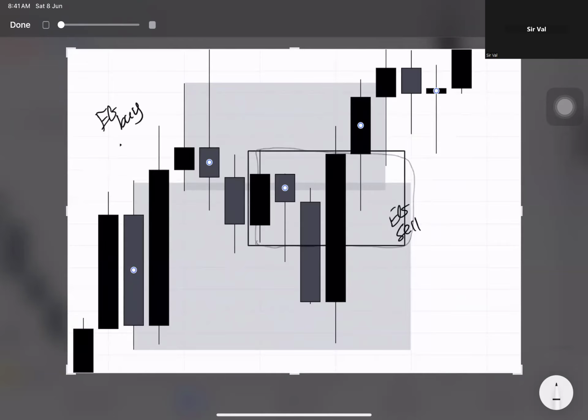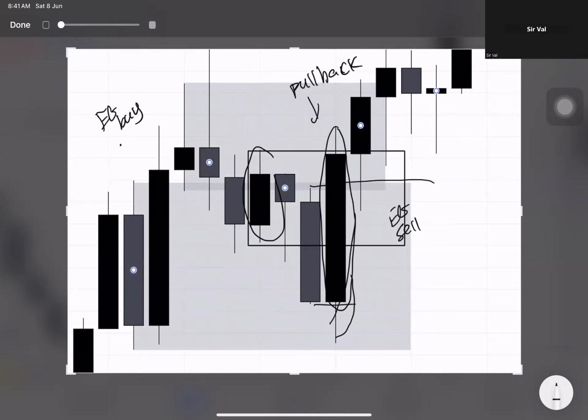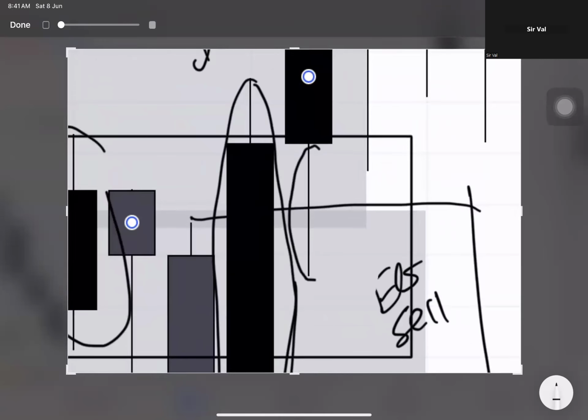What does price do? Pull back for this second zone, new zone. That's why price pulls back. But after price pullback, price has created a new engulfing buy, so that's why price needs to pull back again. Very easy.